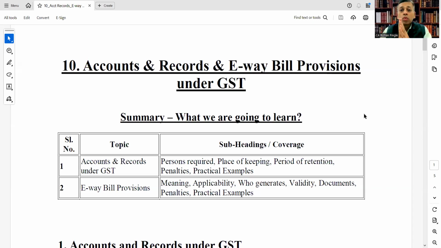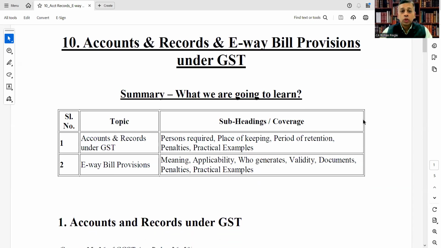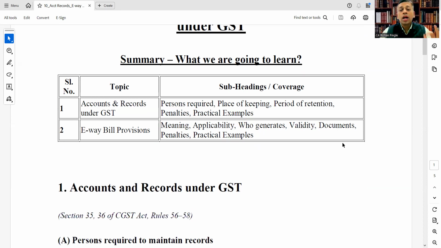Under accounts and records, we will learn persons required to keep accounts, place of keeping, period of retention, penalties, and practical examples. Under e-way bill provisions, we will see meaning, applicability, who generates, validity, documents, penalties, and also practical examples. So let's start.